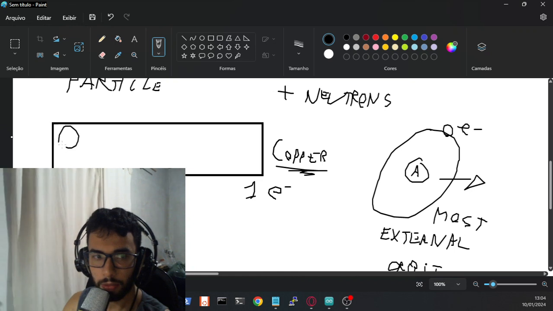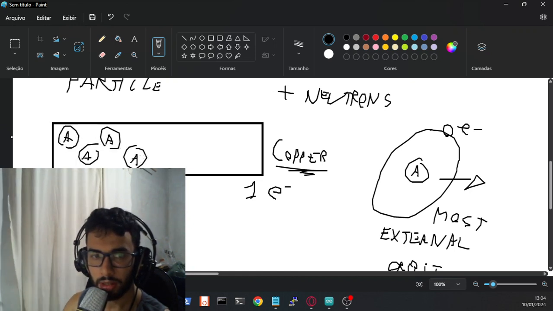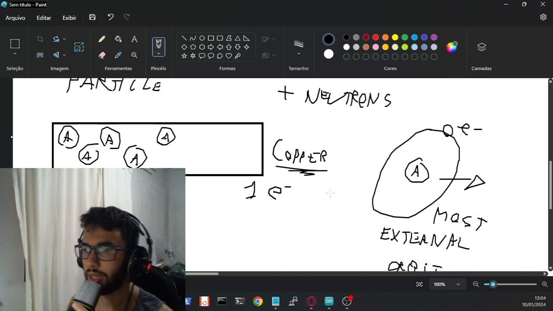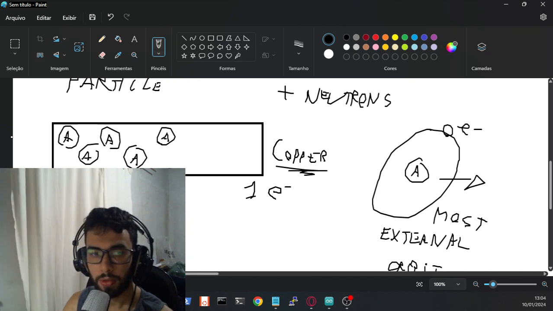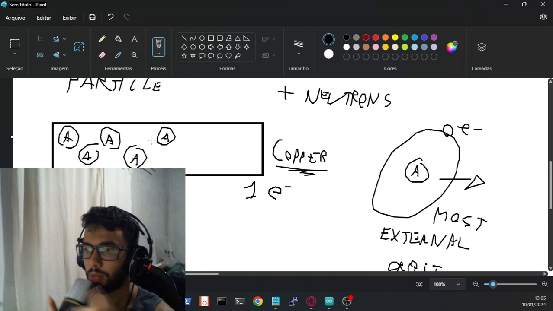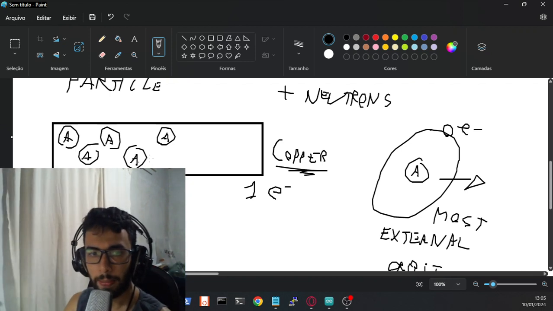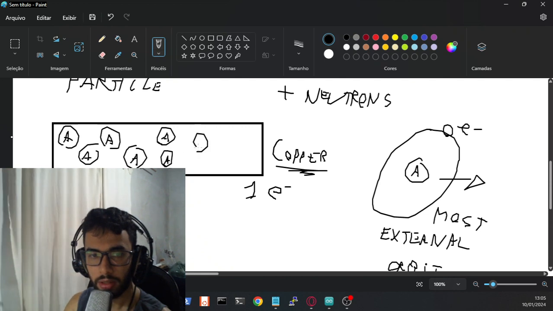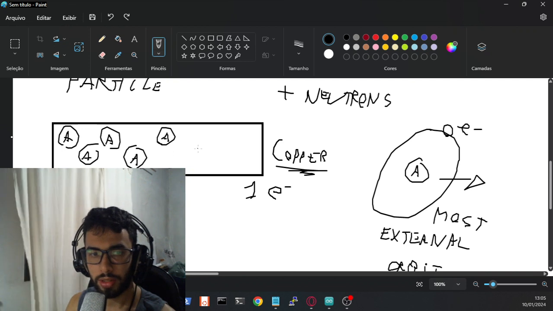Of course we have billions and billions of copper atoms here. Each material has a specific atom. For copper we say it's Cu, the name of the copper atom. Of course, in one copper wire we have billions and billions of atoms, and we don't consider these atoms here.